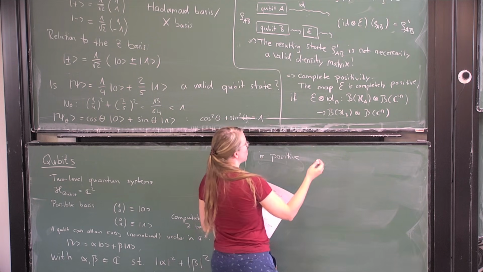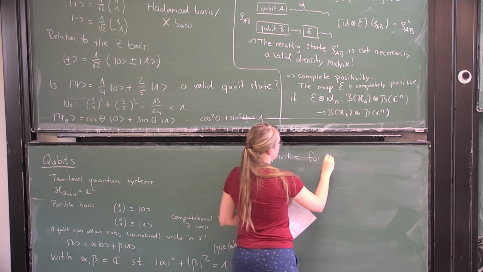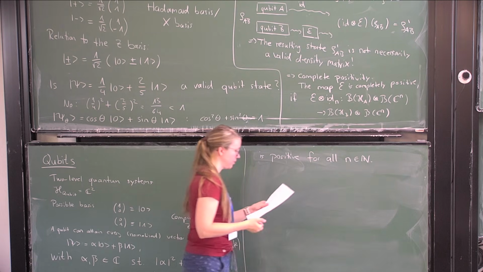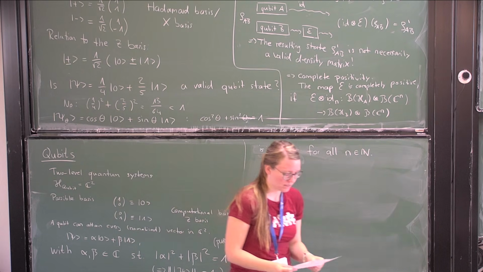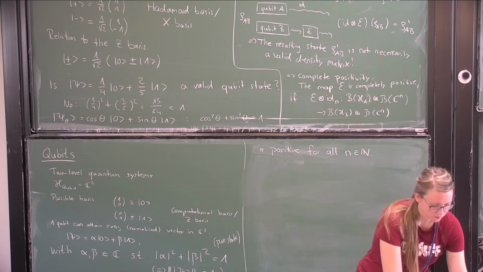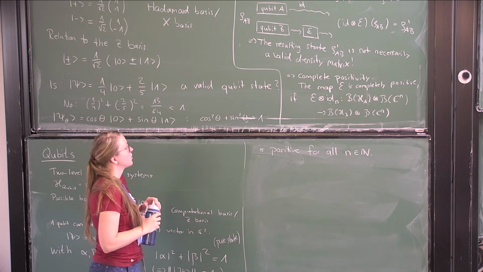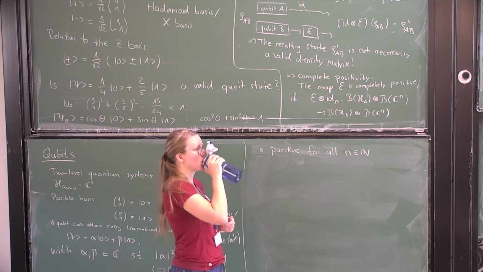So no matter how big you make this additional Hilbert space, you guarantee that we always get a valid quantum state out of this map.